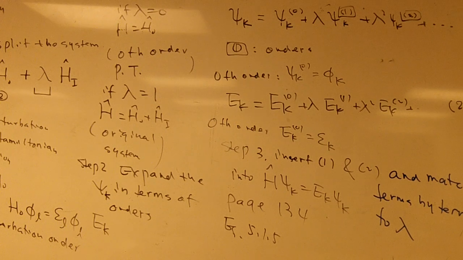Equation 5.1.5 is the mother of perturbation theory and contains all the details. We're going to multiply them out on both sides and compare them term by term according to the lambda.